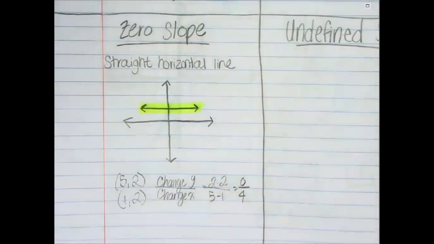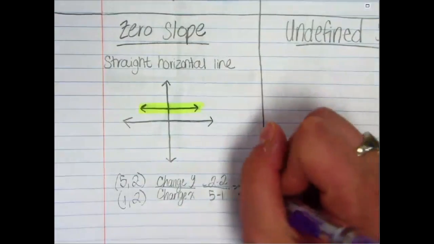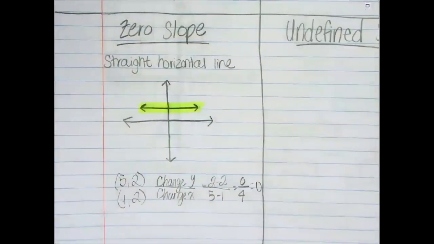And what is 0 divided by 4? 0. So Connor is exactly correct when he said there's no change on the y-axis. There's no change in my y values because they're all the same. That creates what's called a zero slope. Straight horizontal line.